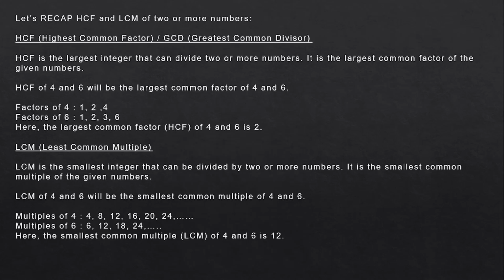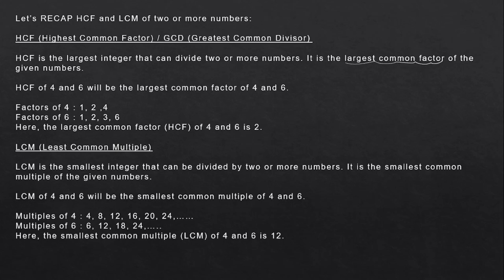Now, before we learn to find the HCF and LCM of two or more numbers, let us have a quick recap of them both. HCF, the full form of which is highest common factor, is also called GCD or the greatest common divisor. For two or more numbers, the largest number that can divide them all is called their HCF. It is the largest common factor of the given numbers.